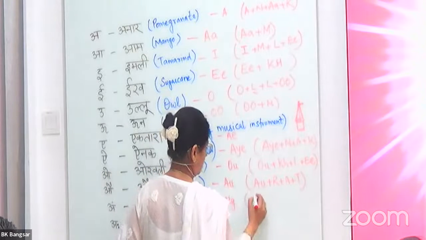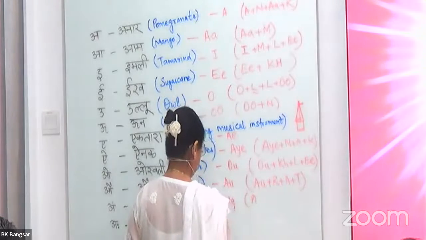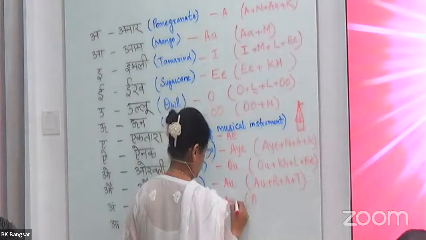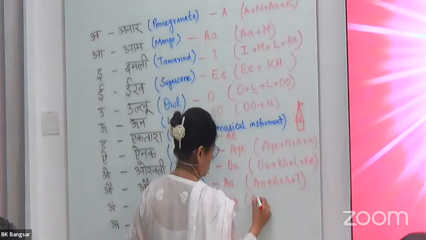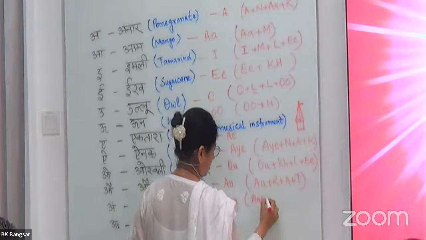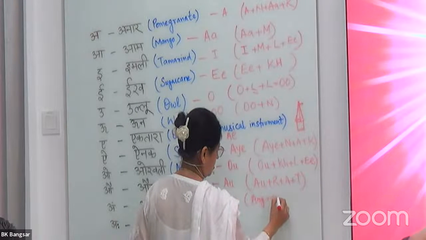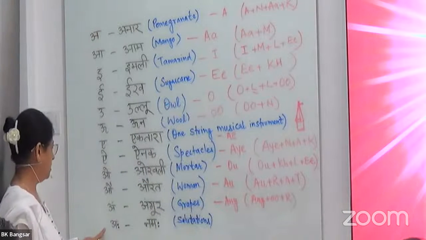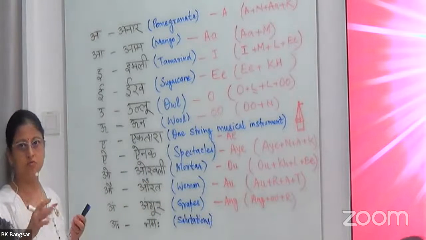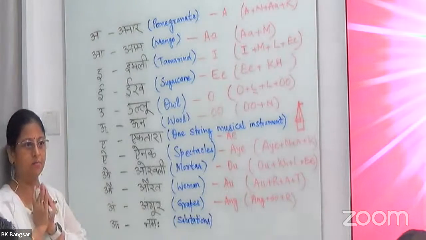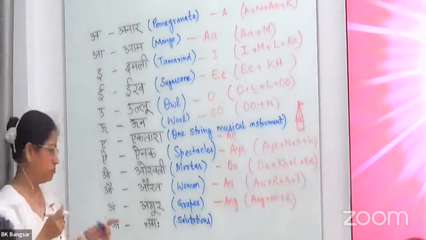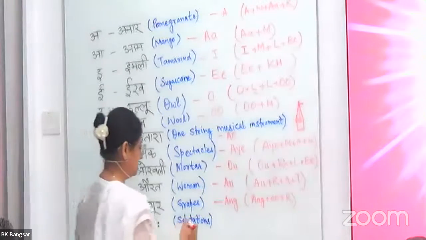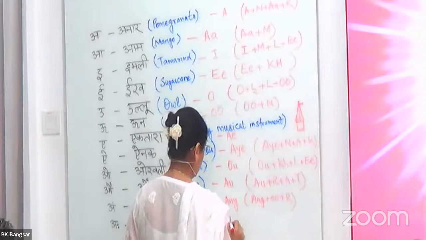Ang. Angur. Right? It is usually used at the tail end, like namah. So namah is again salutations. To pronounce this is aha.